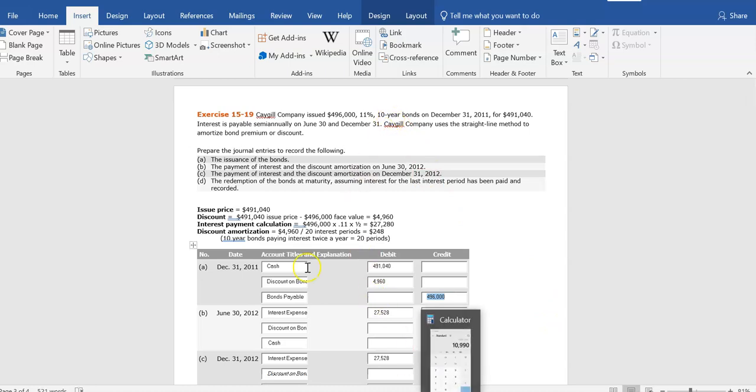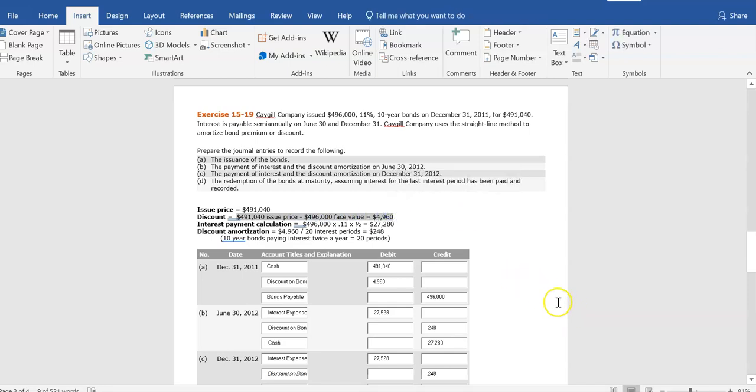The difference between the issue price of $491,040 and the face value of the bonds is $4,960. They are being issued for less than what they will be paying back. These bonds had been discounted. They were sold for less than the liability will pay back. We put them on sale. We discounted them. We will record the debit in the discount on bonds payable.